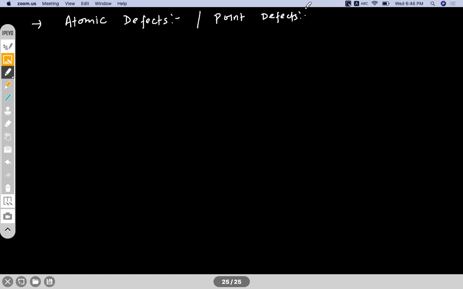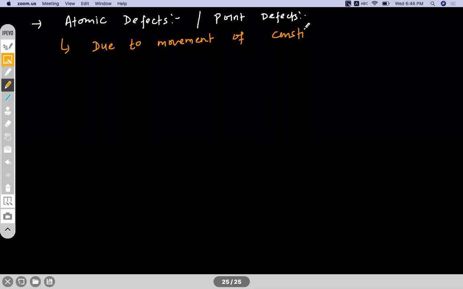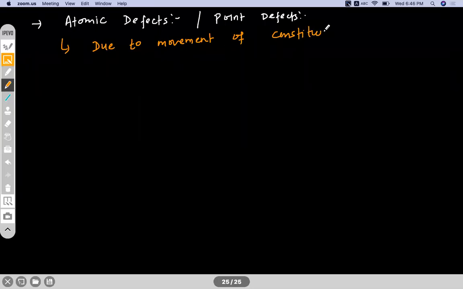This type of defects is observed due to movement of constituent particles. So previously it was electrons, here we have particles.